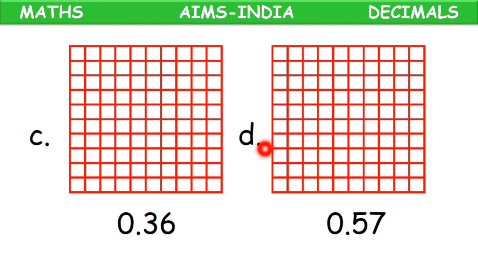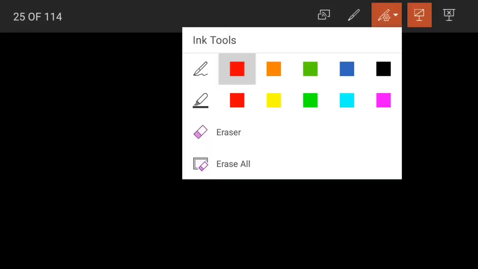Again we are having 2 more questions here, children, 0.36 and 0.57. I'll just tell you the conversion. How to convert? 0.36 is nothing but 36 divided by 100. Why 100? Because the decimal number is having 2 decimal places. The denominator shall have 2 zeros.